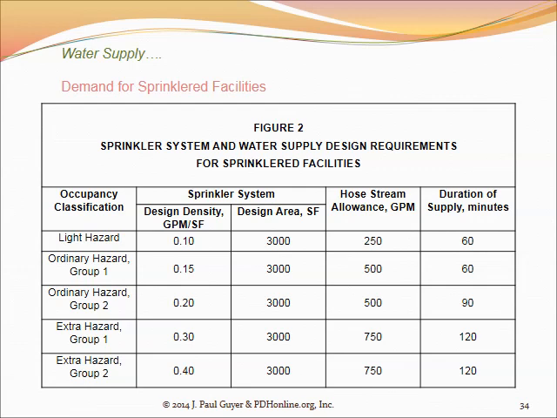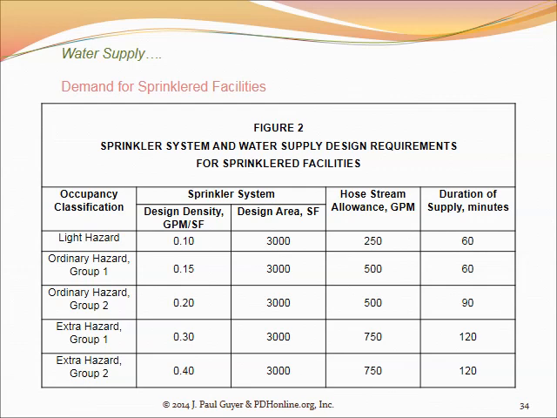And what's the duration of time for which that flow must be available? In this methodology it is what you see in the column on the right, from 60 minutes up to 120 minutes in the extra hazard categories. So the thinking behind it all is that in the case of light hazard, you've got 550 gallons per minute supplied for 60 minutes, and after that the fire is out.